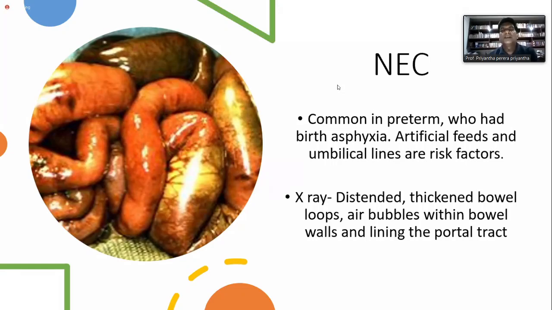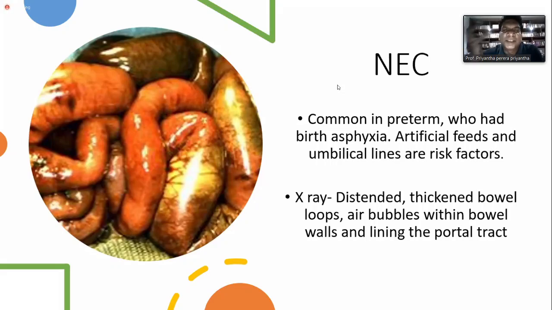A neonate vomiting bile-stained vomitus. If you have a child who is on umbilical catheters and the child is ill and having bile-stained vomiting, you had better remove the umbilical catheters, right? Because umbilical catheters are a risk factor. This commonly starts by interfering with blood supply to the gut, the primary problem, right?